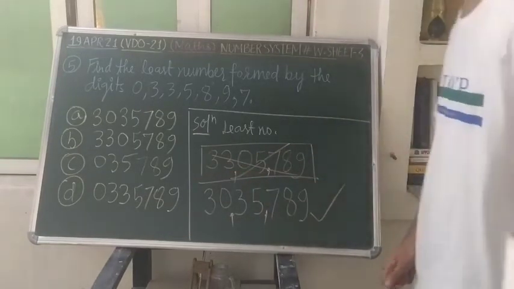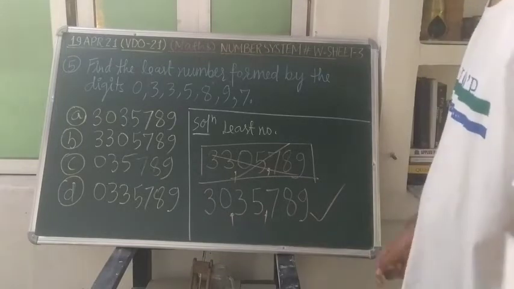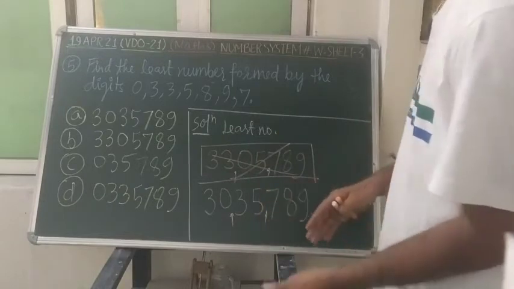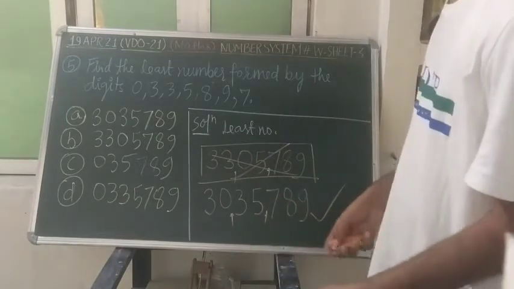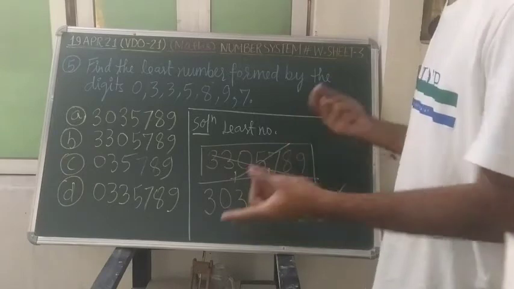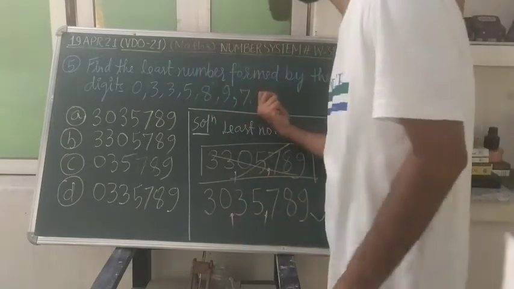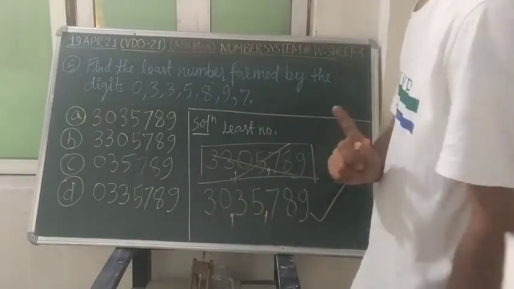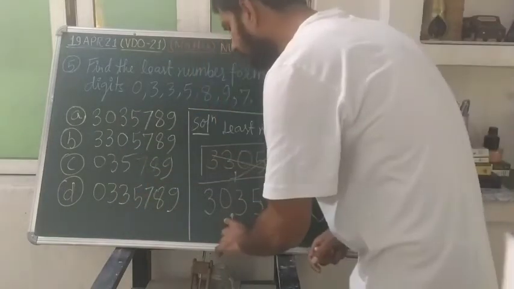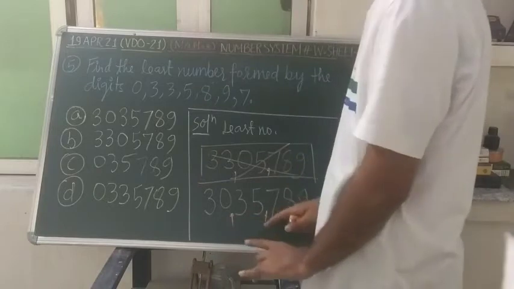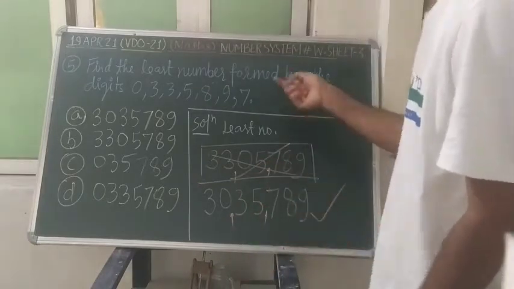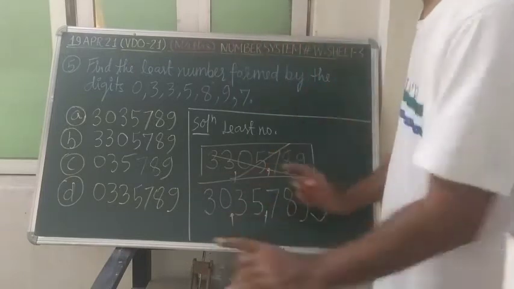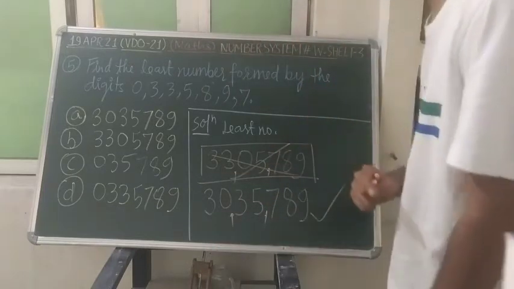So the meaning is that 0 we can't write first, and if the digit bigger than 0 is present 2 times in that problem, then firstly we will write it only 1 time, then immediately we place the 0. Keep in your mind that 0 will always occupy the second place while writing the least number.